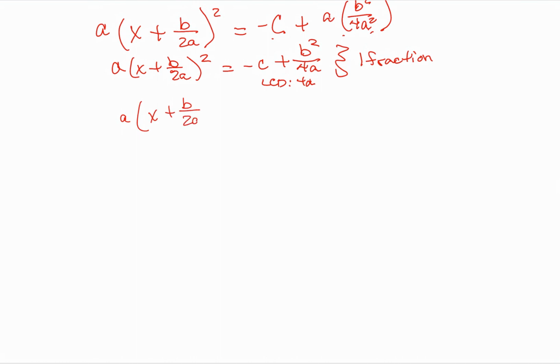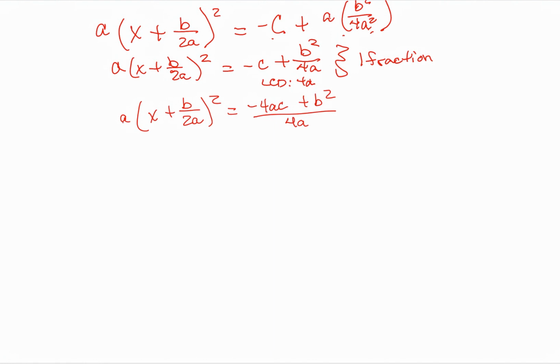So x plus b over 2a squared equals negative 4ac plus b squared all over 4a. Kind of looking familiar? That's what's under the square root.